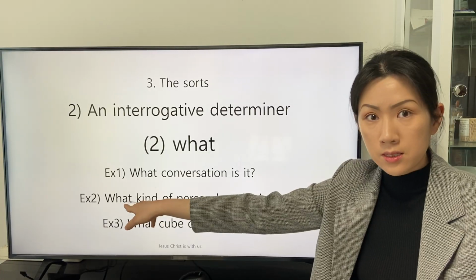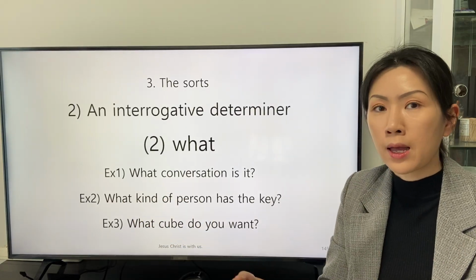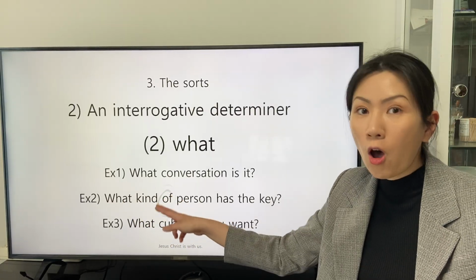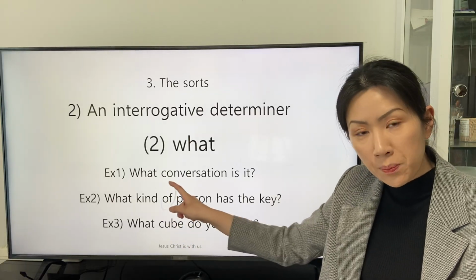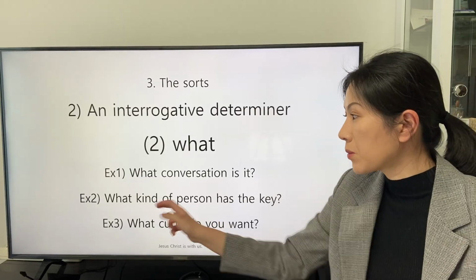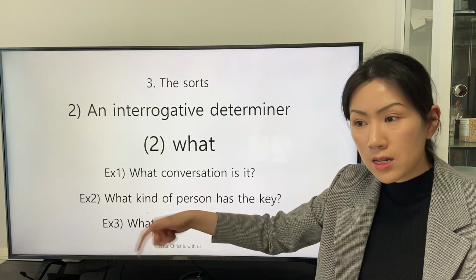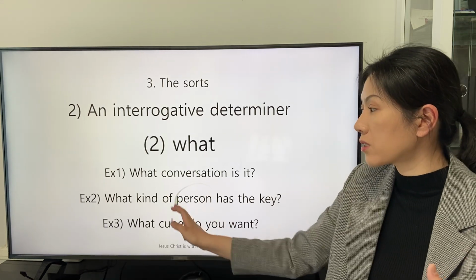And this subject, what kind, is described by a preposition of. From the definition of the preposition of, we can understand that what kind, this subject of the preposition, is included in the object person.